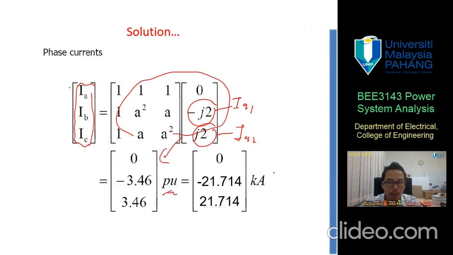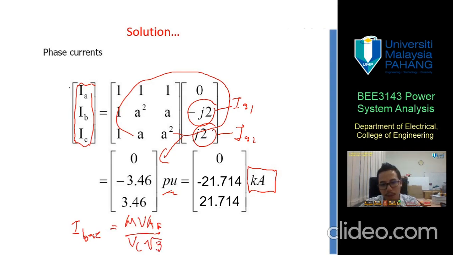Then we want it in kiloamps. Still remember what we should do to go from per unit to kiloamps? We are going to find the base current, the I base. The I base is MVA over VL root 3.